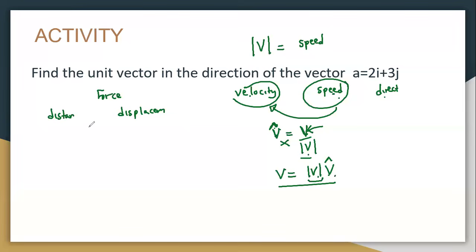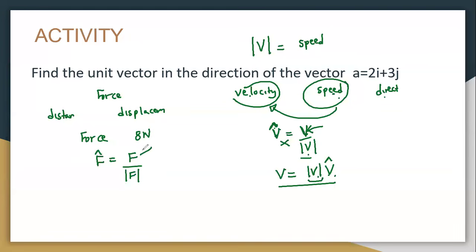In case it is in terms of force, they will tell you that a force of magnitude maybe 8 newtons in the direction of this, and they ask you to find the force. That means you need to know that the direction vector of force is given by the force divided by its magnitude.